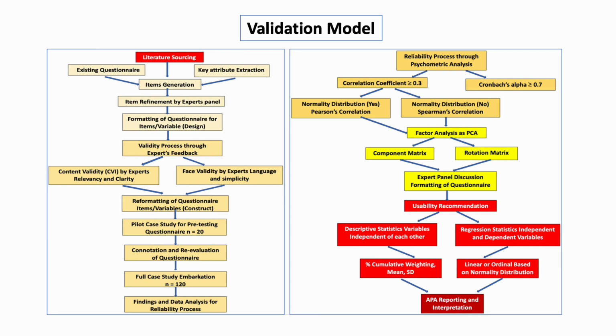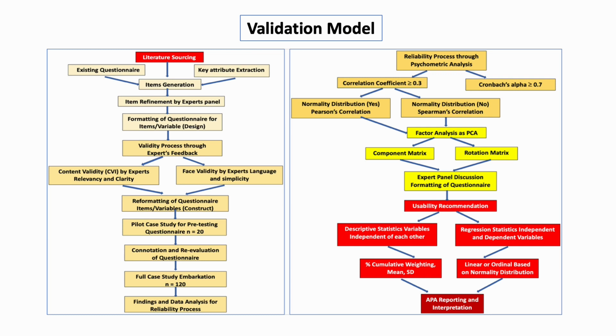Then we also take into account the factor analysis. Principal component analysis is used, and this would basically be looking at the construct validity, that the items, if they are distributed among different factors or components by the initial researchers' plan, that has to be confirmed through the principal component analysis from the component matrix and the rotation matrix, and the expert panel decides after the principal component analysis results come, and it may not be the same component and factor which has been earlier created by the researchers.